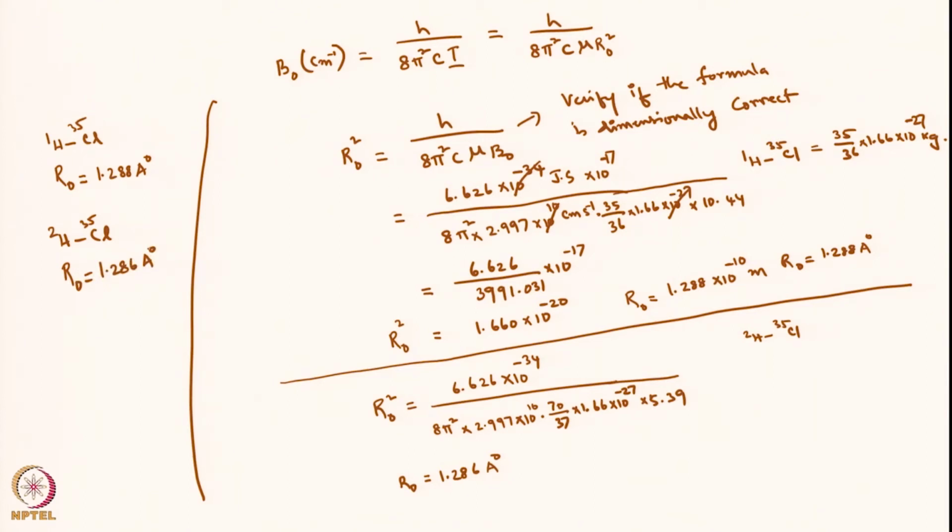So, minute changes in the isotopes do affect the lengths. Here the change is in the third decimal. So, you should have that kind of calibration that will allow you to differentiate the bond lengths at the third decimal. And mind you, rotational spectroscopy is the only spectroscopic technique by which one can measure bond lengths. Now, this is just an example.